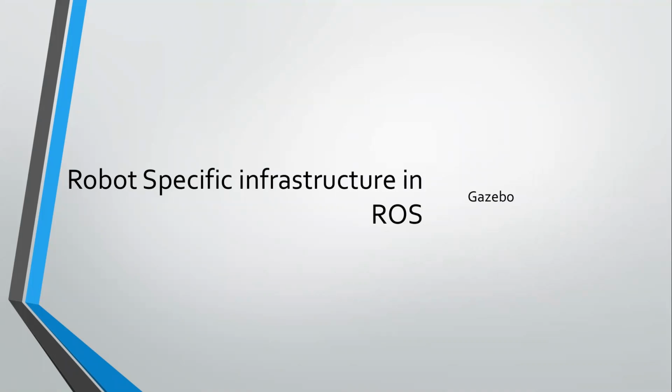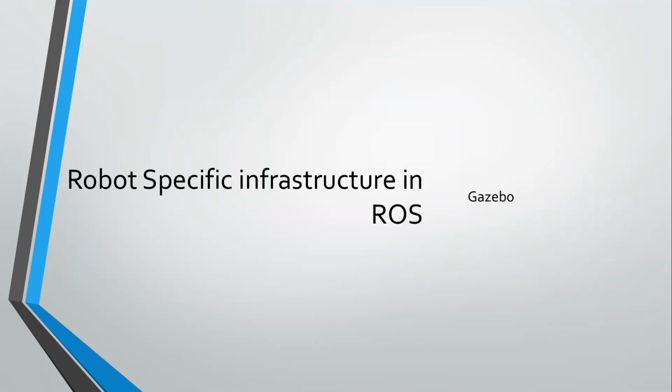When we are modeling or operating a robot inside ROS, one thing we can do is write the drivers and connect them with a physically existing real robot. The other implementation is to use a simulator and operate a simulated robot model inside that.